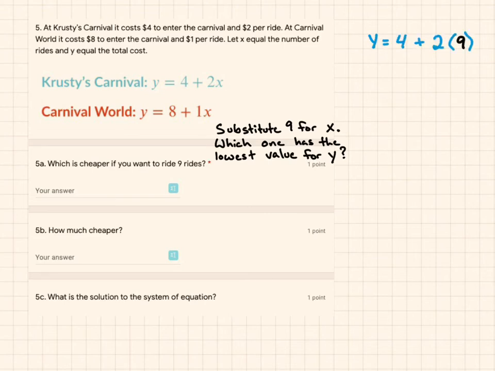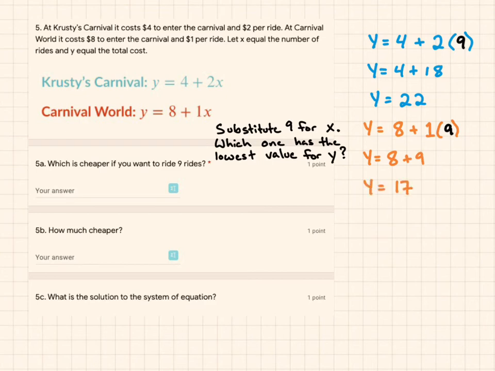So for Krusty's Carnival, it would look like this. I'd get y equals 4 plus 2 times 9, or 4 plus 18, or 22. So y equals 22. For Carnival World, I get y equals 8 plus 1 times 9, or y equals 8 plus 9, and finally y equals 17.